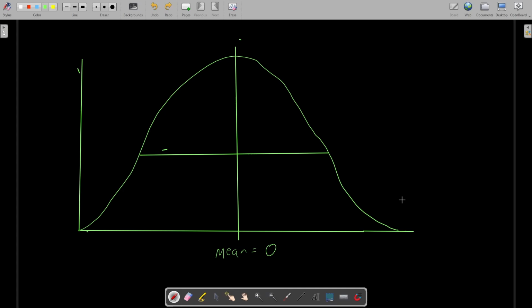Okay, so we know the standard deviation of this distribution is 1. So 1.3 then, let's say that puts us about here. Here's our university student. So they had a Z score of 1.3.